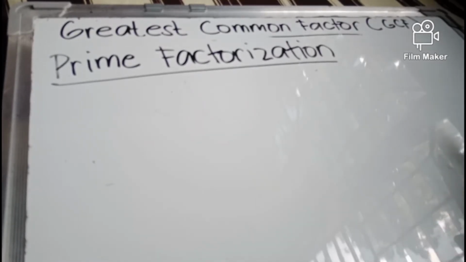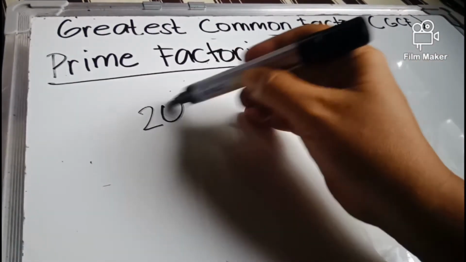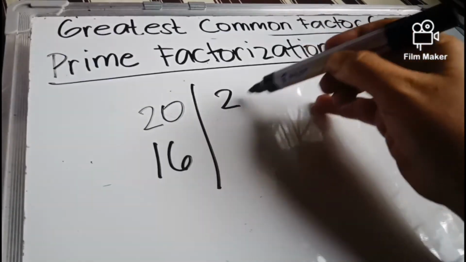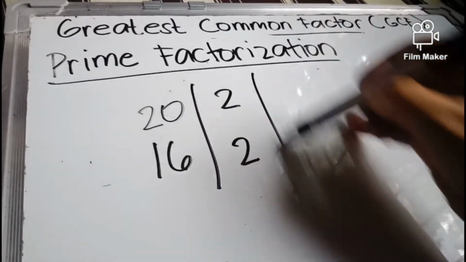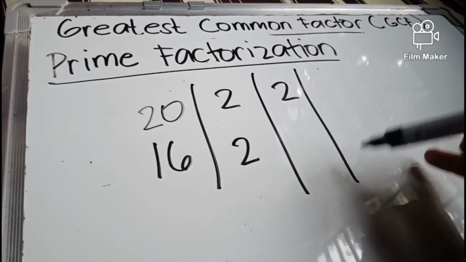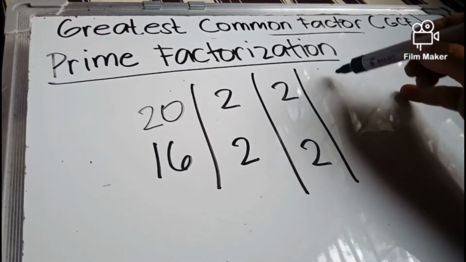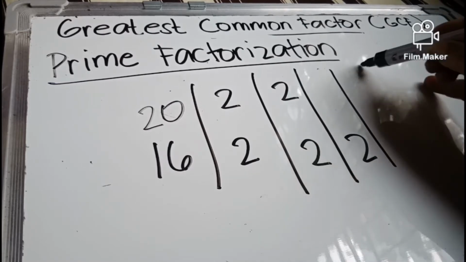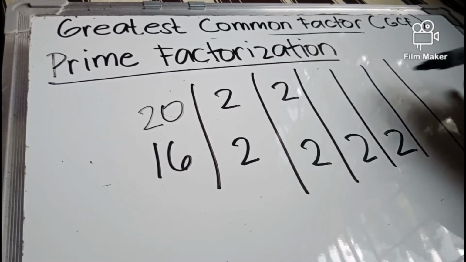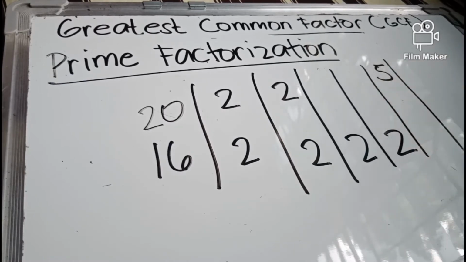Next is we have to identify the common prime factors of 20 and 16. So, ito yung common nila. We have 2. May 2 ang 16. Dalawang 2 yung sa 20. 4 naman ang sa 16. Then, ito yung sa 20.